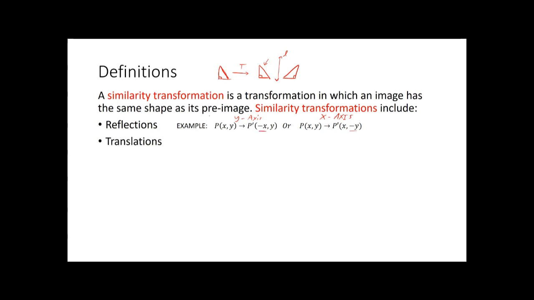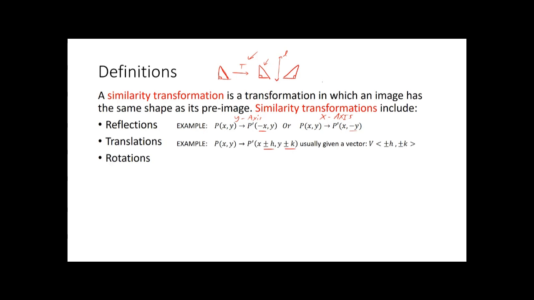All right, translations. If I was to move that right triangle, it's still going to be a right triangle, and that's the rule again. We add or subtract on the x, add or subtract on the y, and that's the rule. Please write these down. It's good for you to remind yourselves of what we already learned.